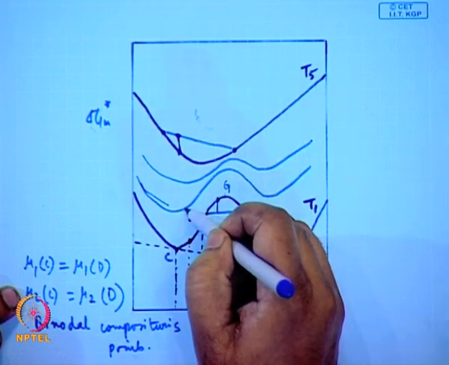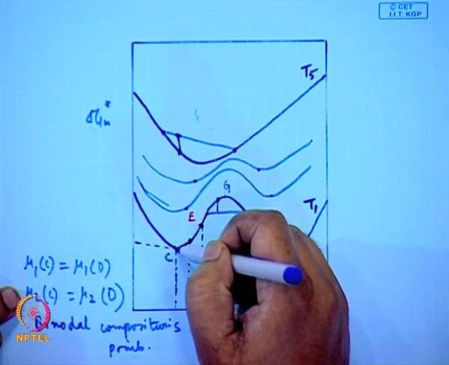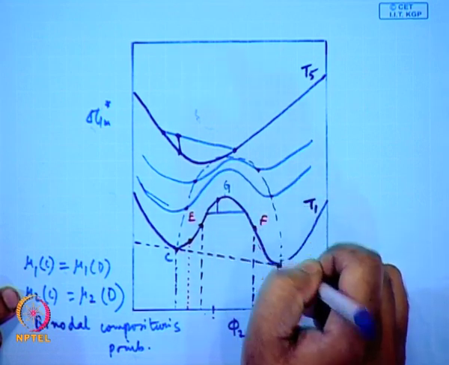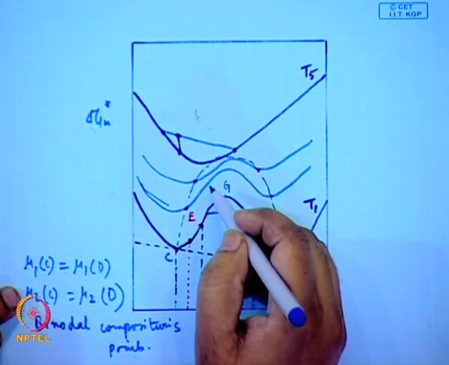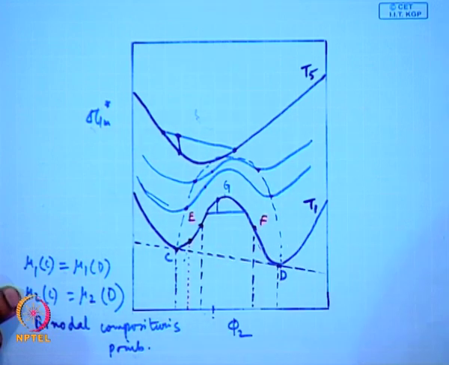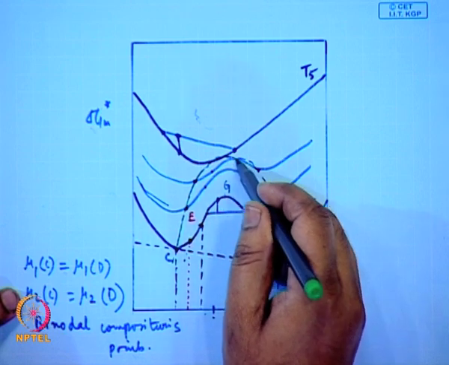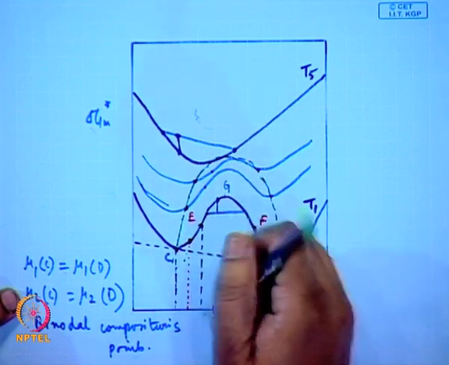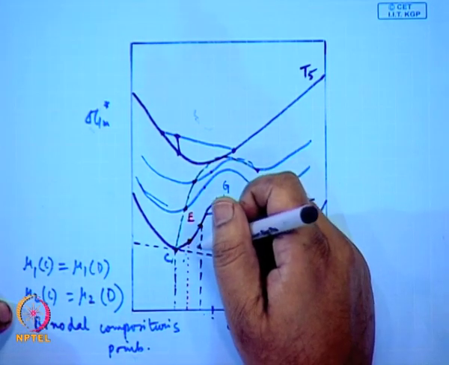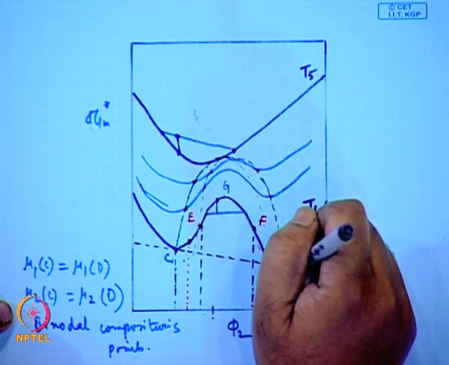Okay. And then join these spinodal points, and also join these spinodal points, and you can also join the inflection points to get something like this.